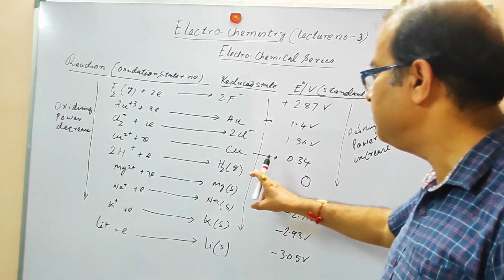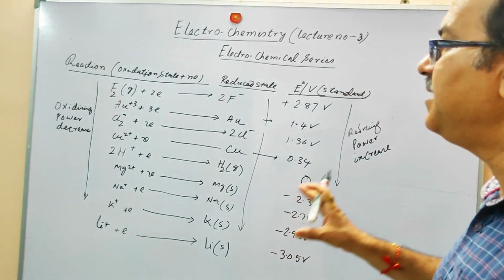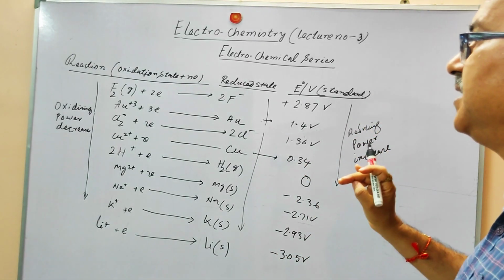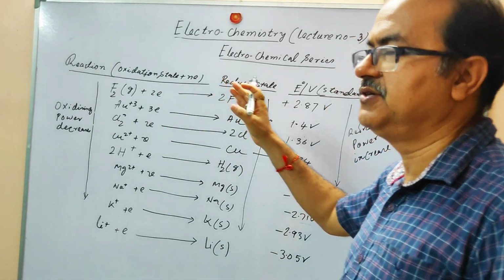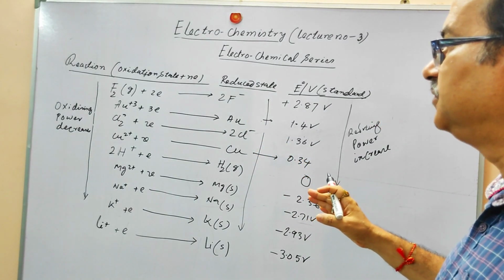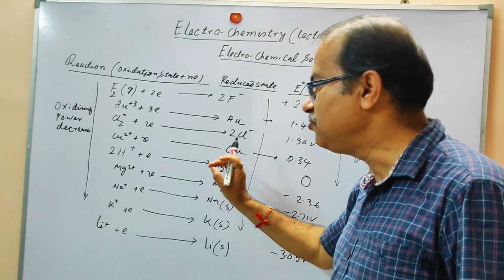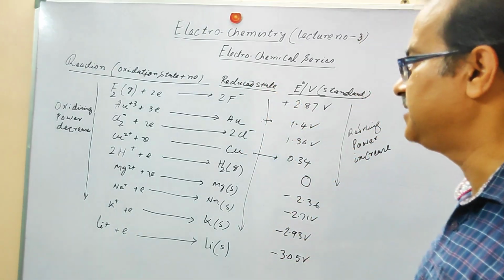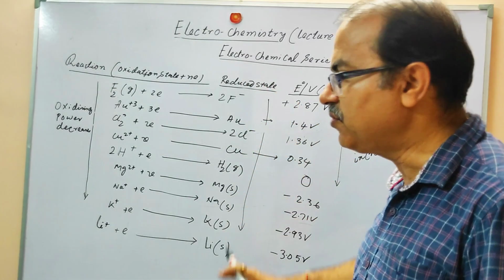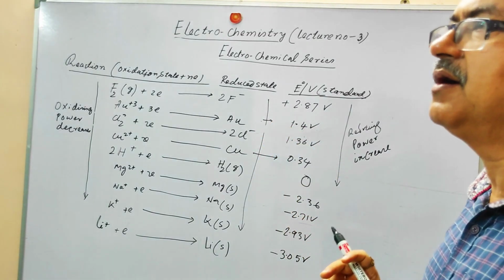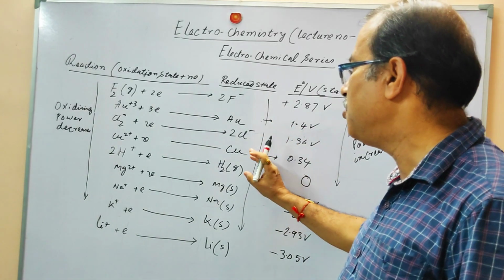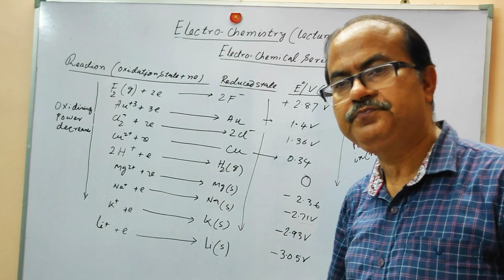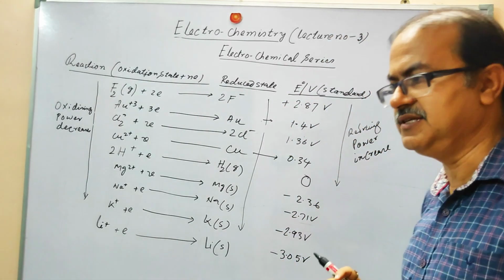So at the bottom, below hydrogen, every element has the tendency to reduce the elements at the top. So it will be easily oxidized by the elements on the upper side. When we are going to plan a galvanic cell, we always have to keep in mind the position of the elements in the electrochemical series.